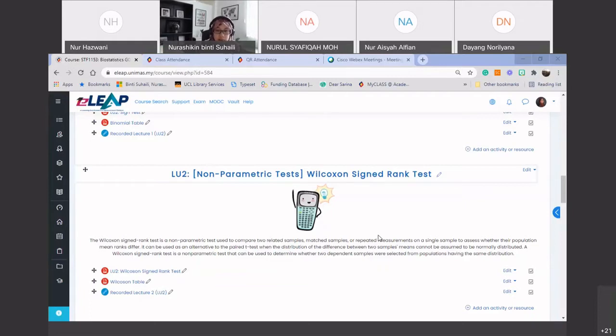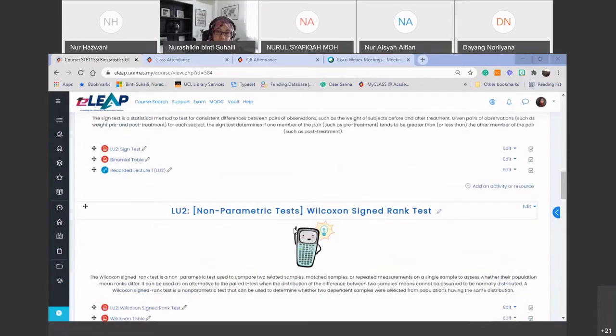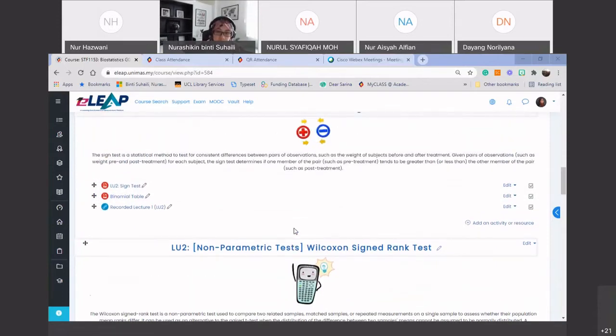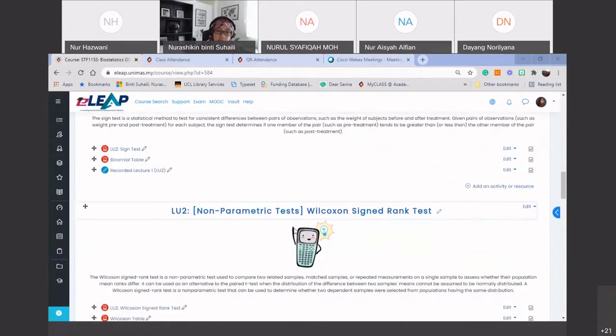The similarity of the data for these two tests is that they are used for comparing sets of data that are related. For example, if you are talking about one sample, you can see from the examples given, you test a sample of students, you give them maybe a course or training, and you evaluate their exam scores before.